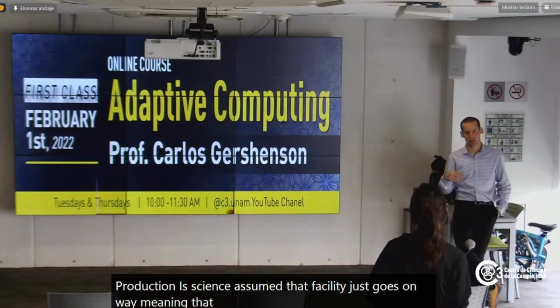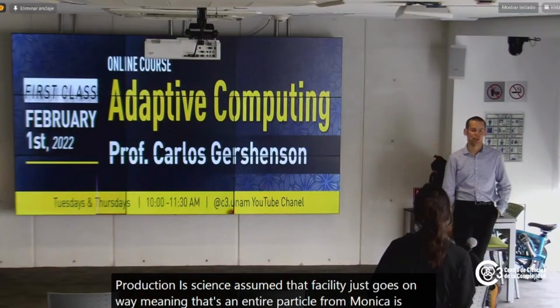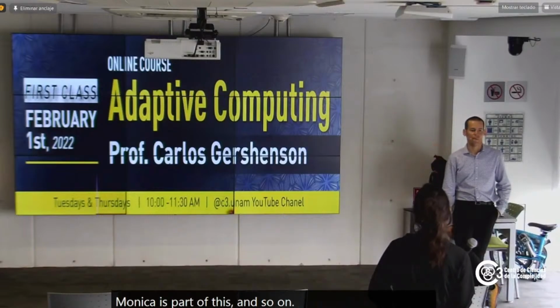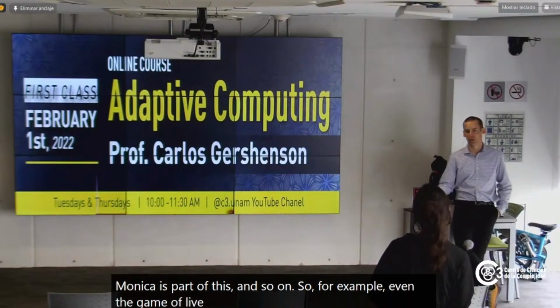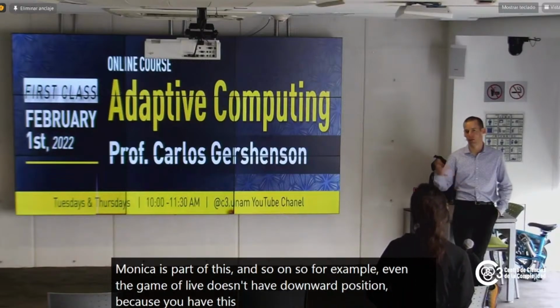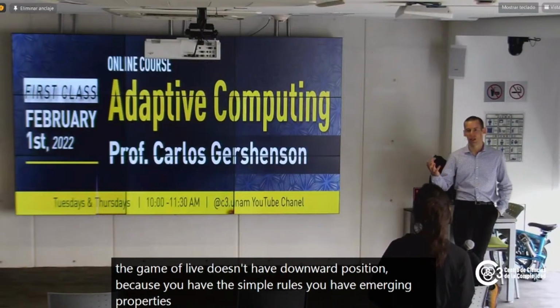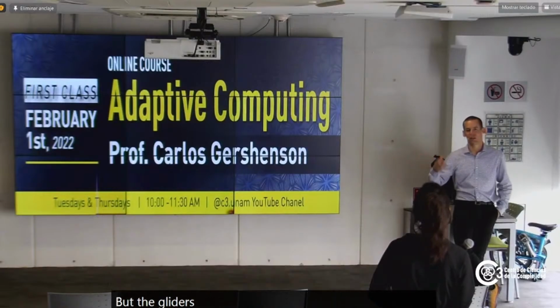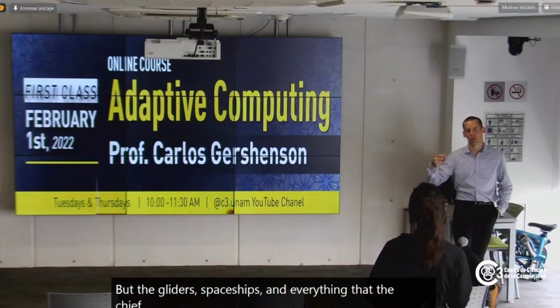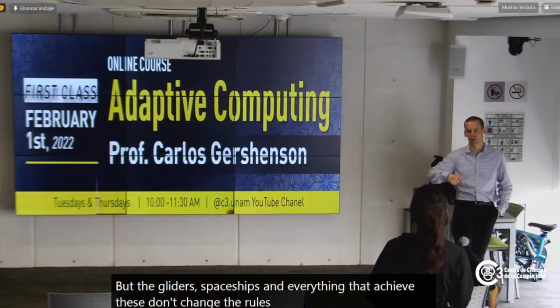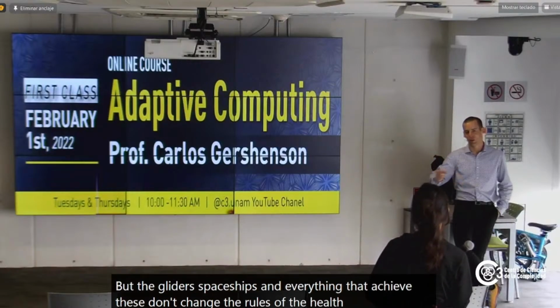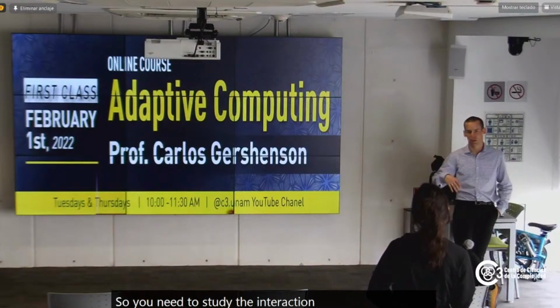Meaning that elementary particles determine atoms, determine molecules, and so on. So, for example, even the game of life doesn't have downward causation because you have the simple rules, and you have emergent properties, but the gliders, and spaceships, and everything that you see, these don't change the rules of the cells. So you need to study the interactions, but there's no downward causation.